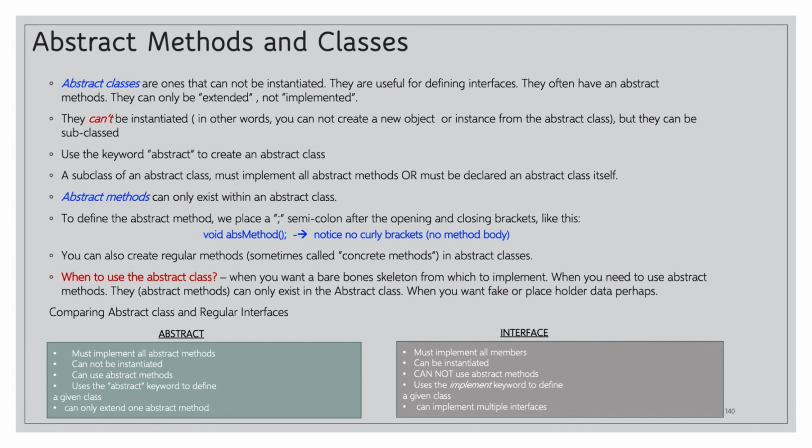Abstract: must implement all abstract methods, cannot be instantiated, can use abstract methods, uses the abstract keyword to define it, can only extend one abstract class. Interfaces: must implement all members, can be instantiated, cannot use abstract methods, uses the implements keyword to define a given class, and can implement multiple interfaces.